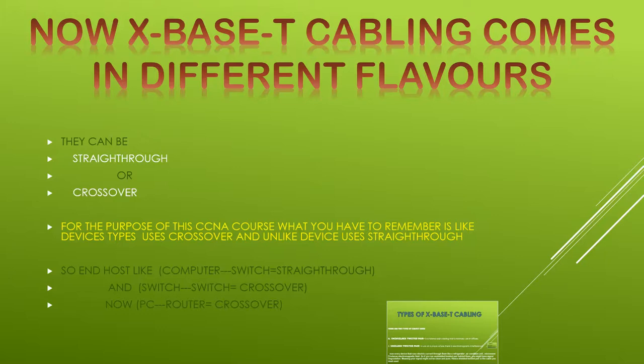So end hosts like a computer to a switch, you are going to use a straight through, and a switch to a switch, you are going to use crossover. Now let's say a PC to a router, you are going to use a crossover.